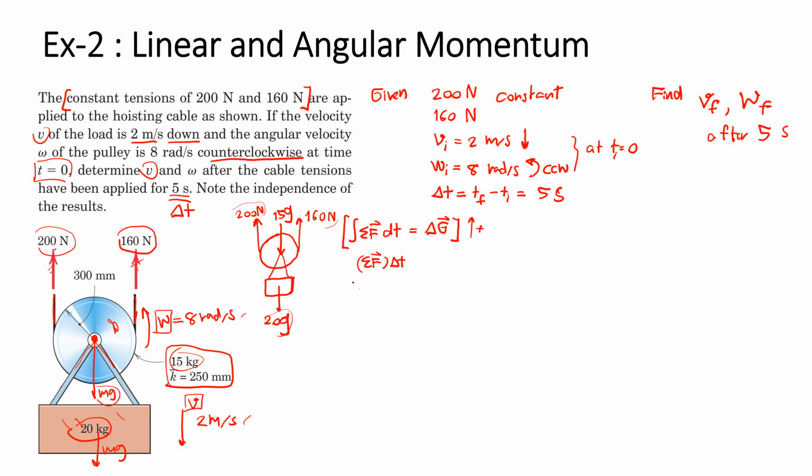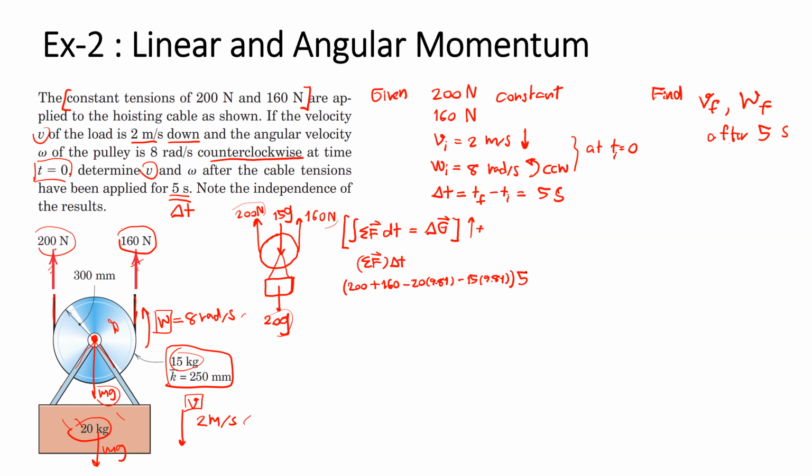So the summation of force from the free body diagram: upward force will be 200 Newton and 160 Newton. Downward will be 20 g and 15 g. And delta t is 5 seconds.